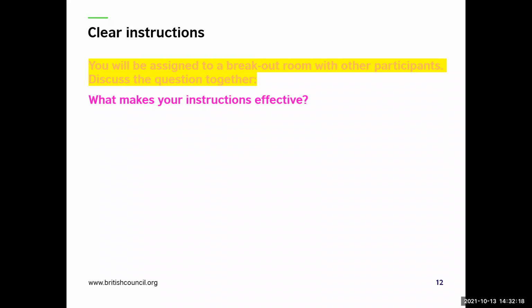You'll have 3 minutes to discuss the question, and then we will close the breakout rooms and come back to the plenary. So 3 minutes to say hello and to discuss the question: what makes your instructions effective?